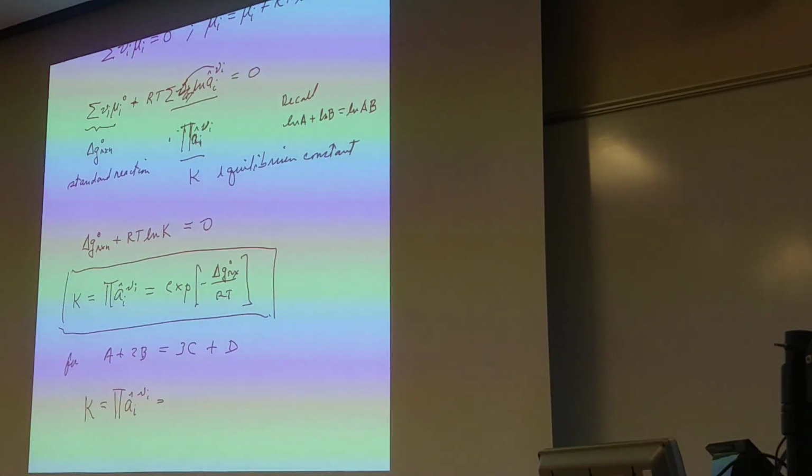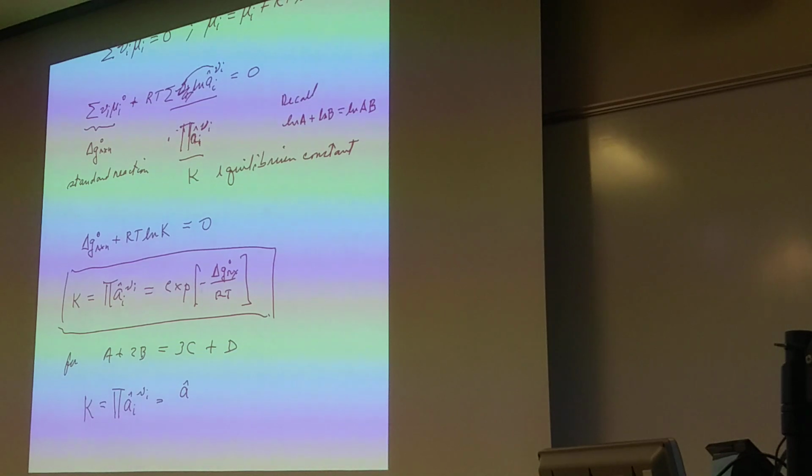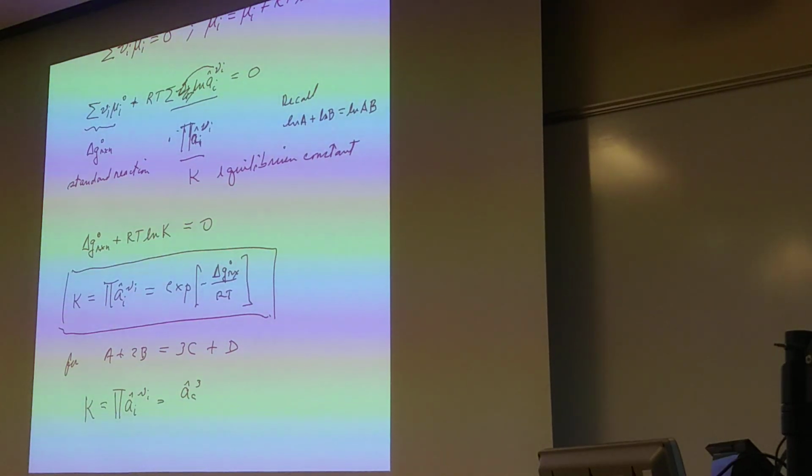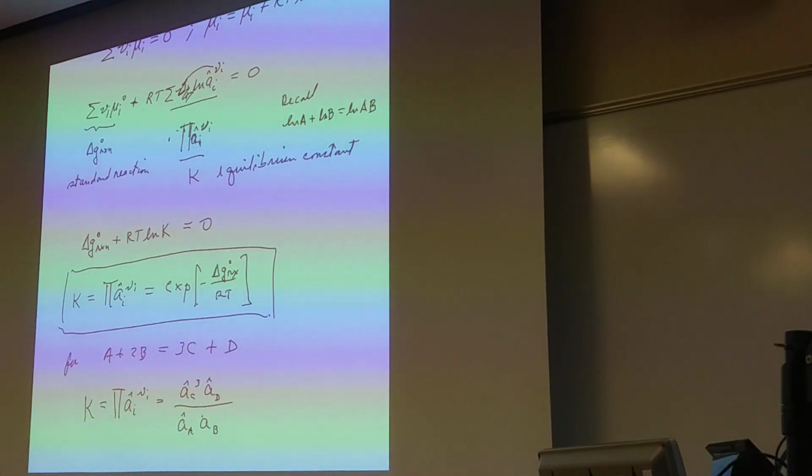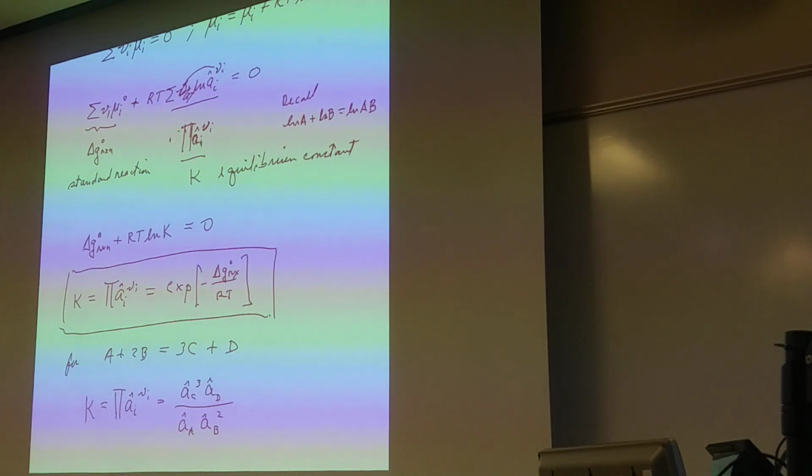So that would be the activity for species C cubed, times the activity for species D, over the activity for species A times the activity for species B squared.